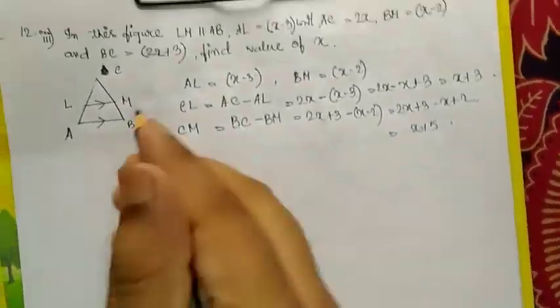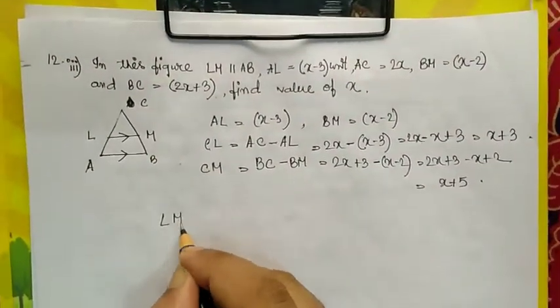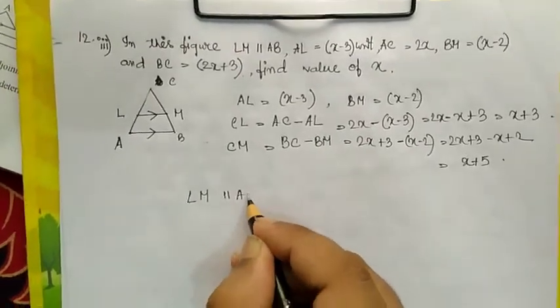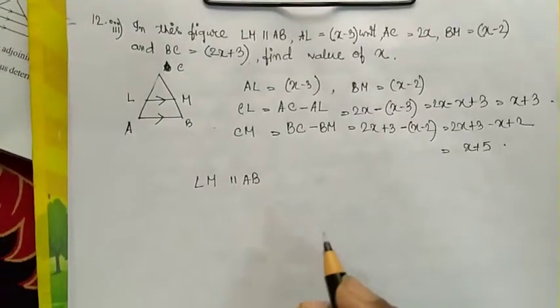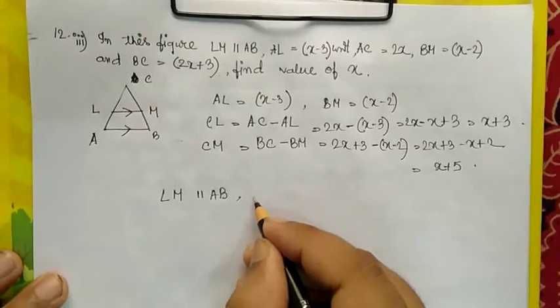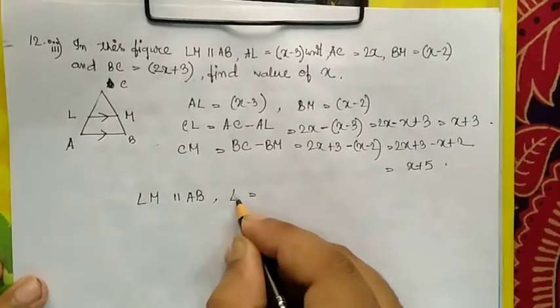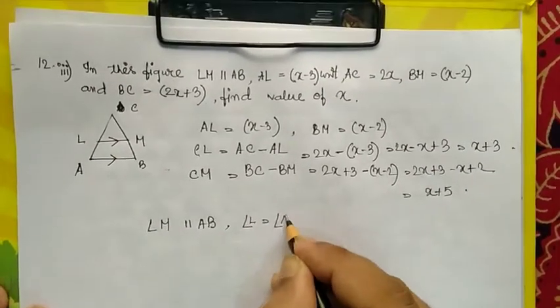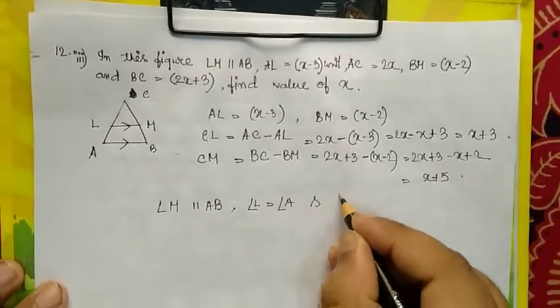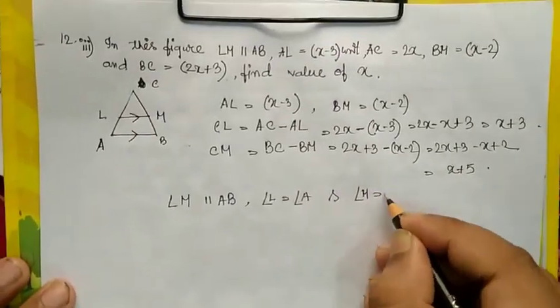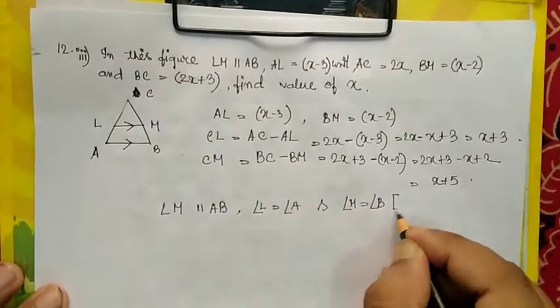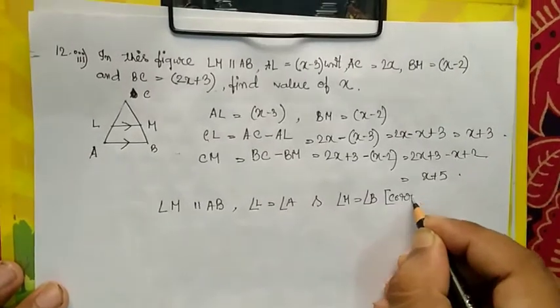Now we know that LM parallel to AB. So if LM parallel to AB, then angle L equal to angle A and angle M equal to angle B, they are corresponding angles.